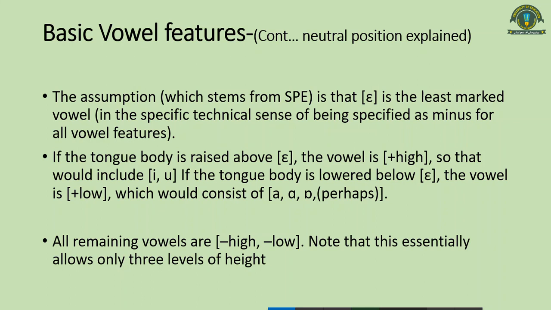And if the tongue body is raised above this level, like in E or U, we will say that it is a plus high vowel. If the tongue body is lowered from this level, like in A sound, we will say that it is a plus low vowel.